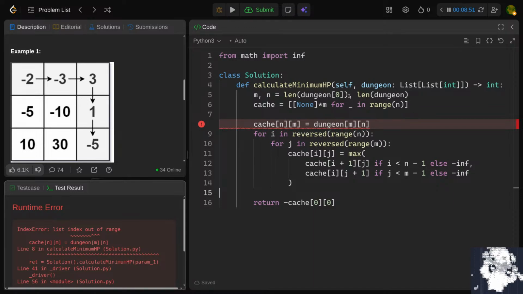Oh, these... Yeah, I've got a bunch of off by ones here. So I could do... What's the right way to do this? Maybe I'll just do minus 1, minus 1, minus 1, minus 1.